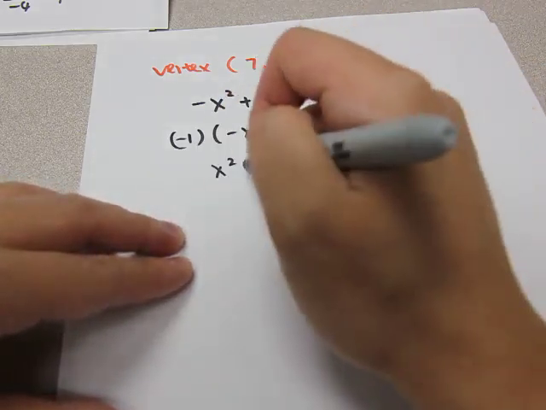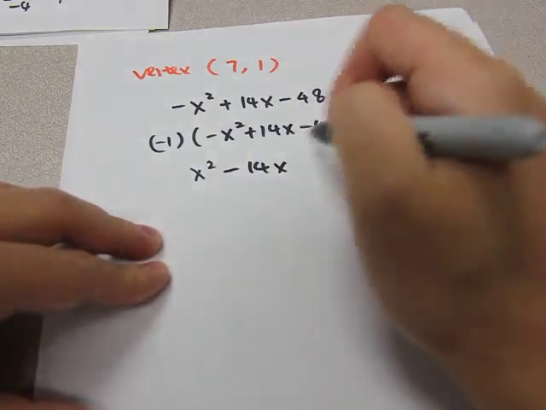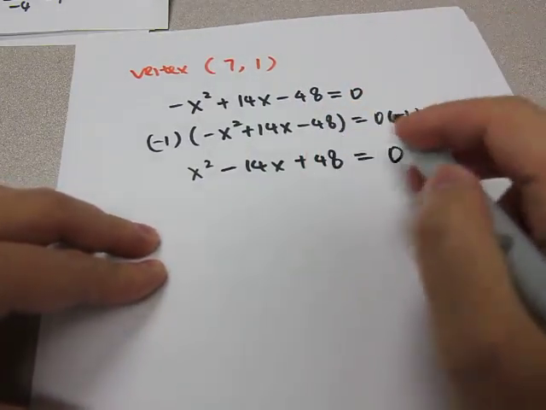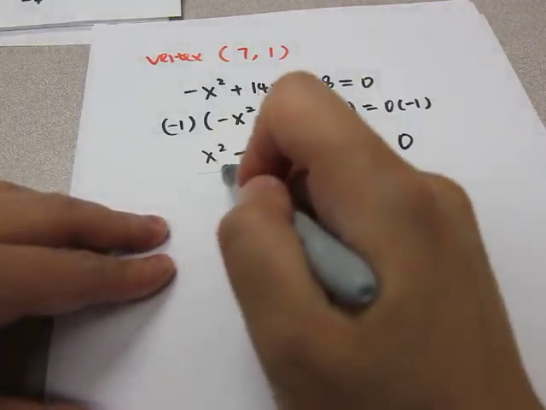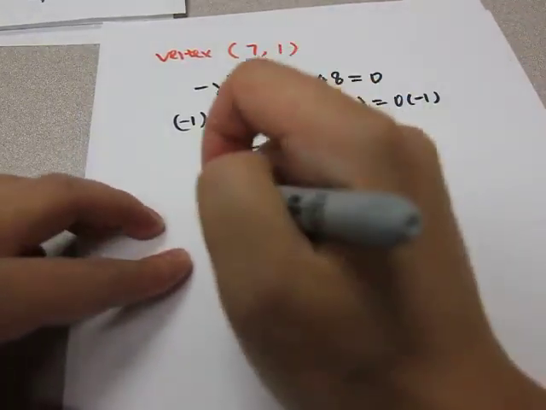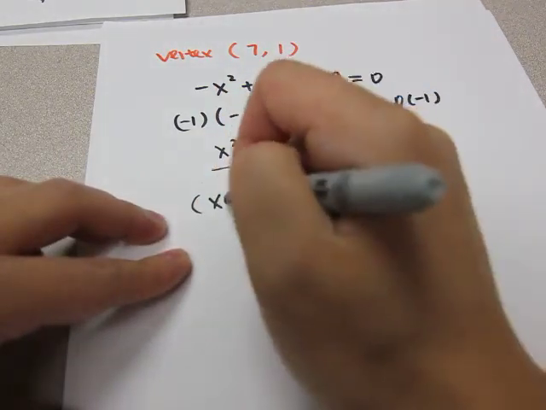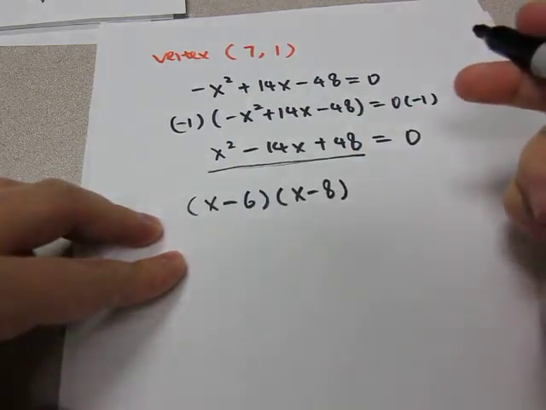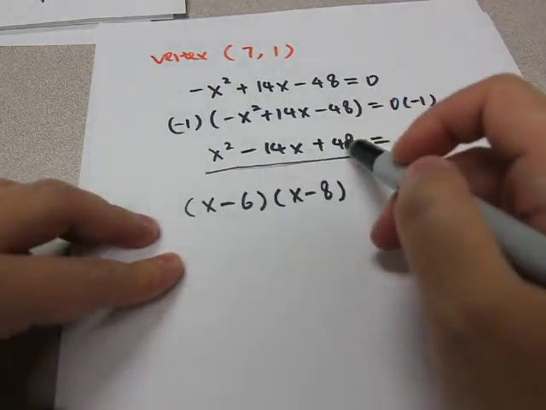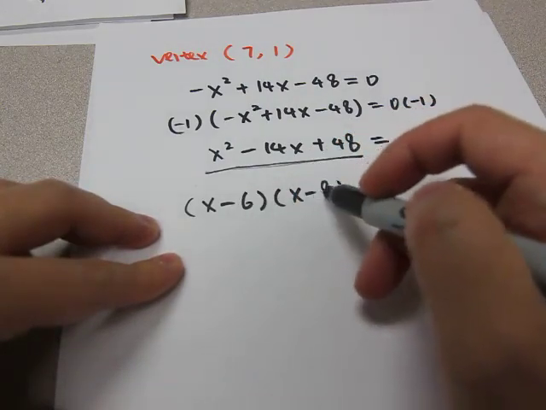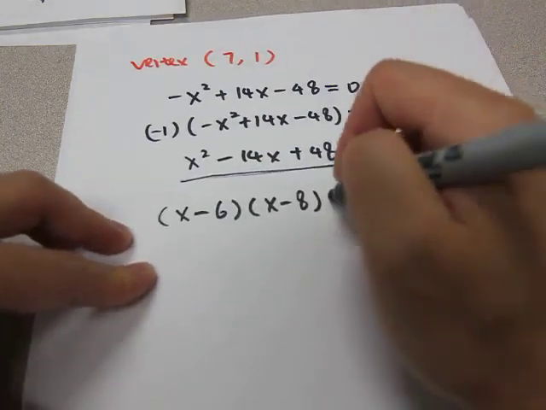And the next term is -14x, and the next term is +48. And the right hand side is 0. And if we look at this trinomial, you will see we can factor it into x minus 6 times x minus 8. Because -6 times -8 equals 48, and -6 plus -8 equals -14.